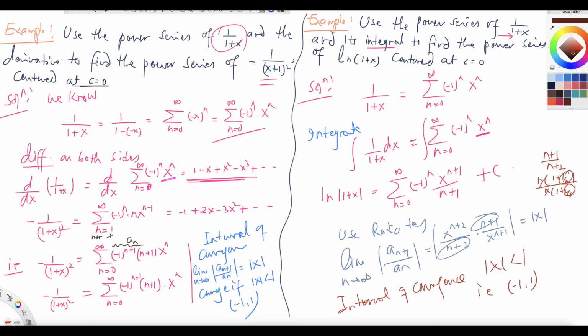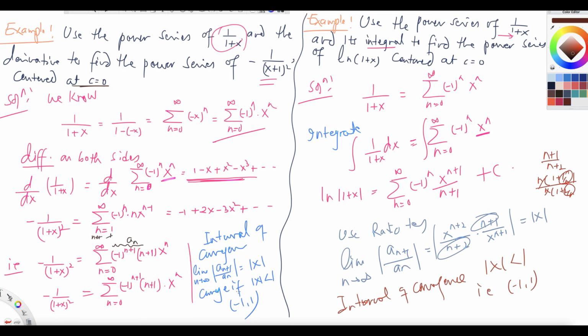By the way, we need to check because we are using the ratio test, okay? So we need to check if it converges at the endpoints as well, in both cases. What happens if x is -1? So it will be -1 to the n, right? And what happens if it is +1?